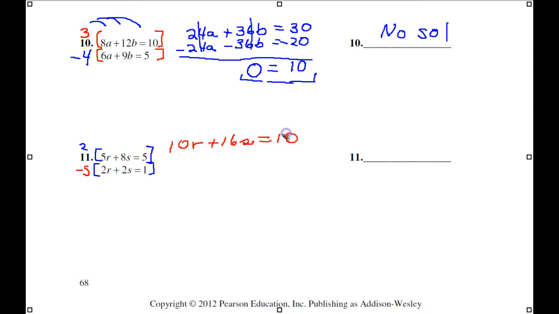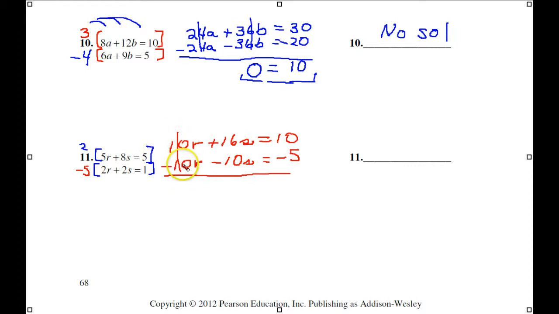equals 10. And this now will become a negative 10r minus 10s equals a negative 5. I put my line. These now will cancel out.